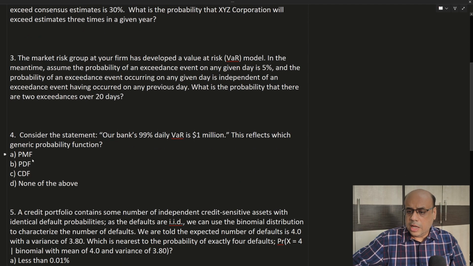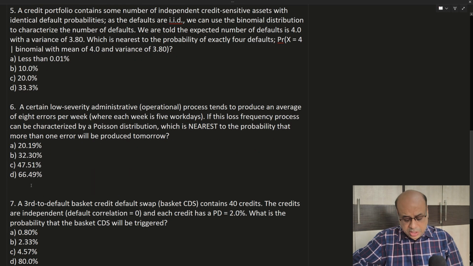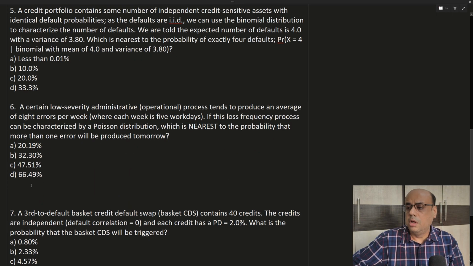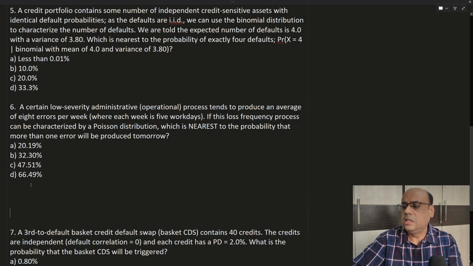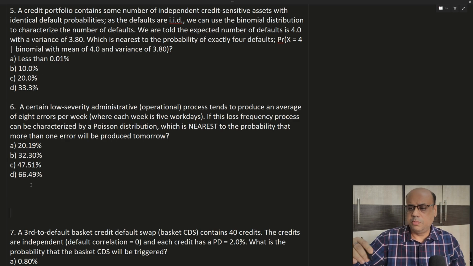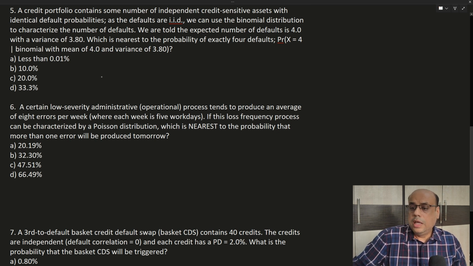Okay, let us go to the another version of Poisson distribution, which is here in point 6, the question number 6, right? So here what they are asking is the loss frequency process is modeled using a Poisson distribution.